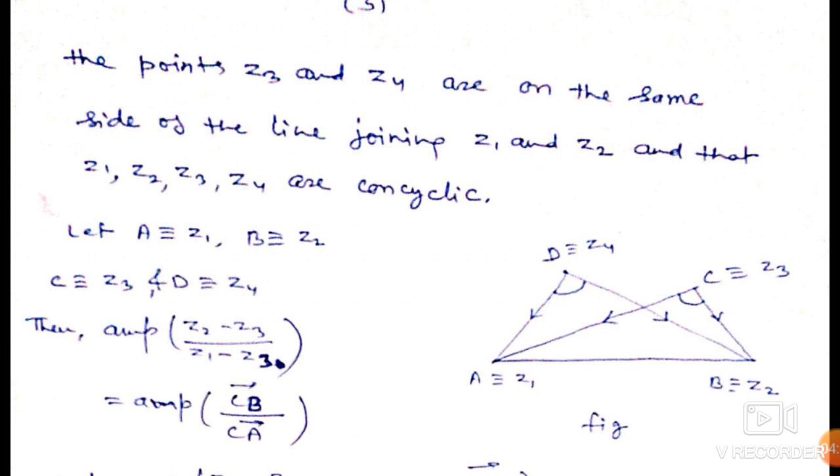Let A equal to Z1, B equal to Z2, C equal to Z3 and D is Z4.